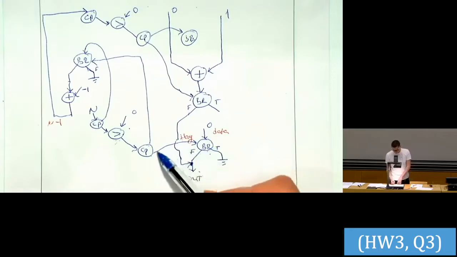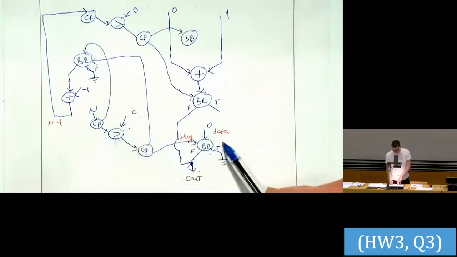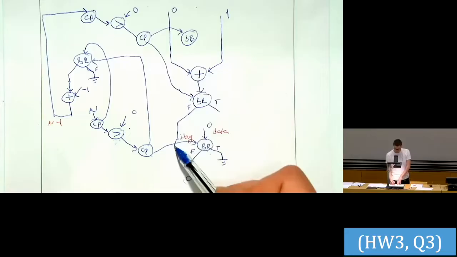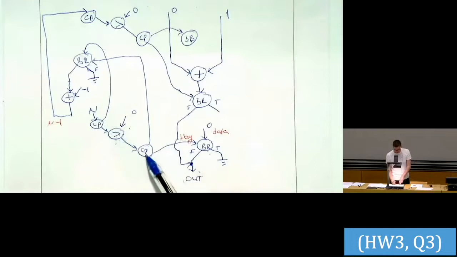But when in the first iteration this comparison generates true, then we won't be using this output logic anymore, right? So the output will come from here. For example, for the n=1 case, this will generate true, right?